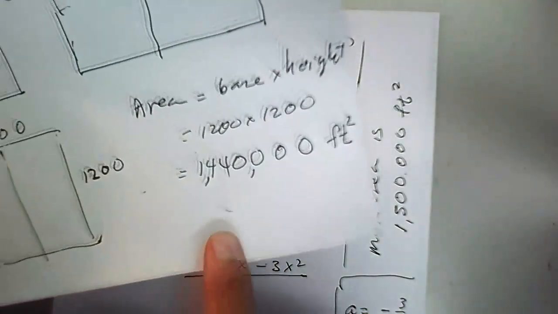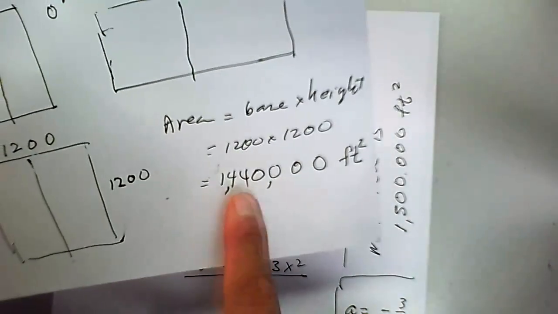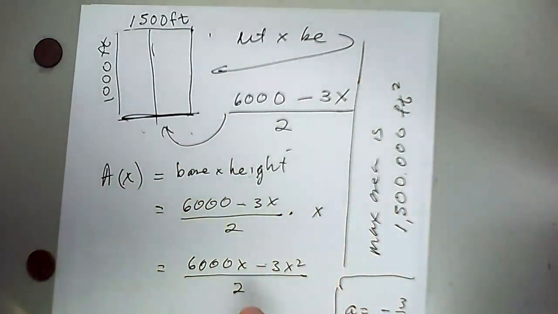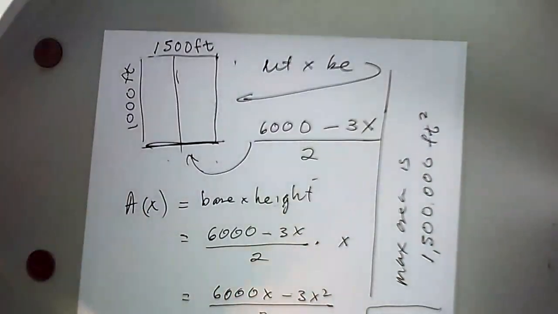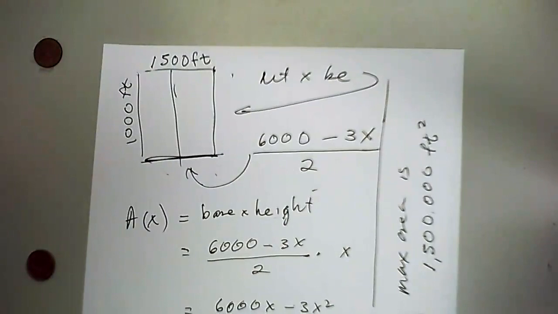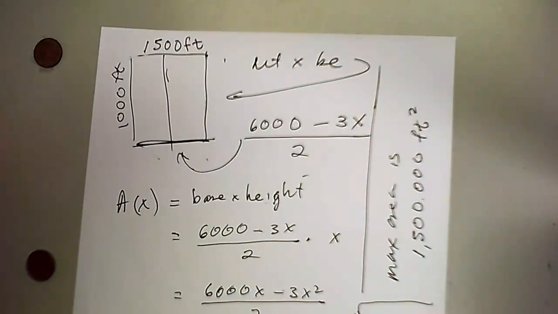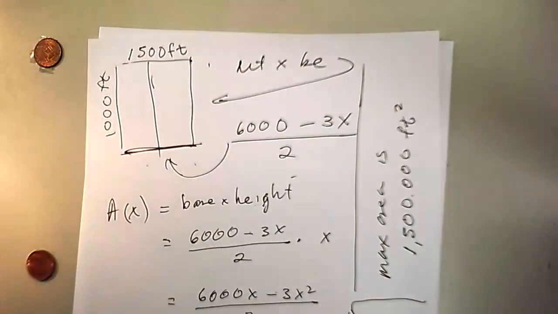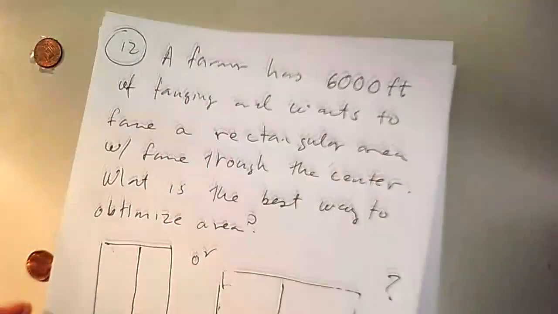So we're going to have more square feet. We're going to have 60,000 square feet more than if we went this way. And that is the power of knowledge. Knowledge can be a good thing.